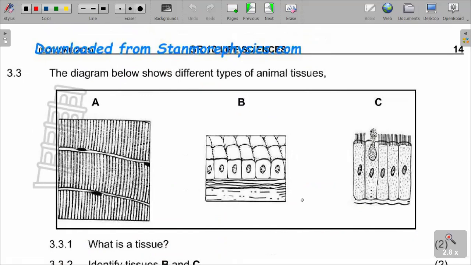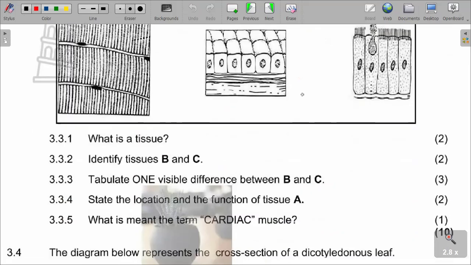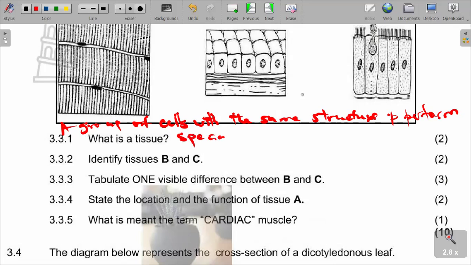We are given a diagram that shows different types of animal tissues. The first question is, what is a tissue? A tissue is a group of cells with the same structure that are specialized to perform specialized functions.